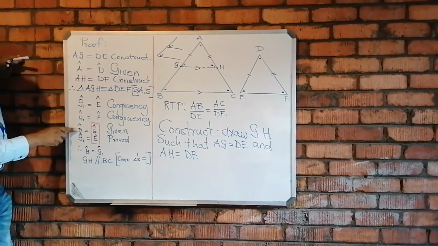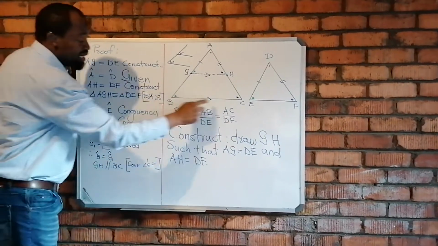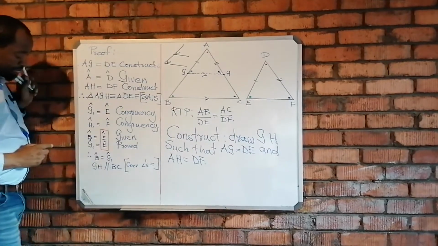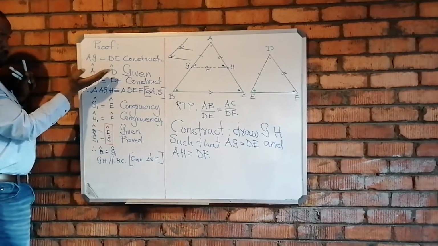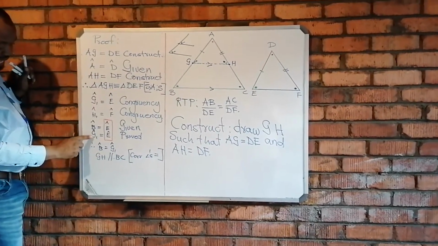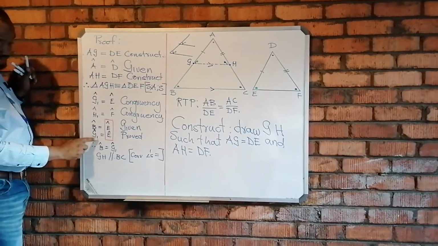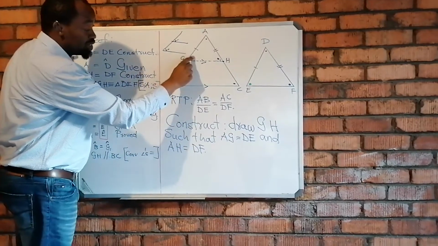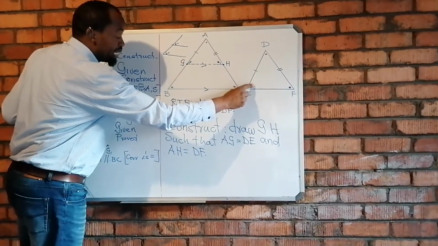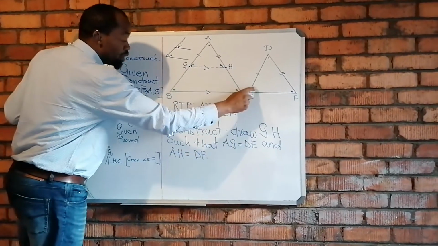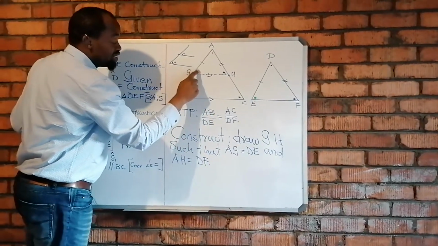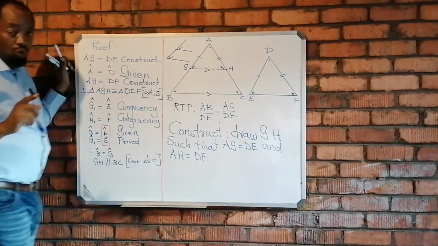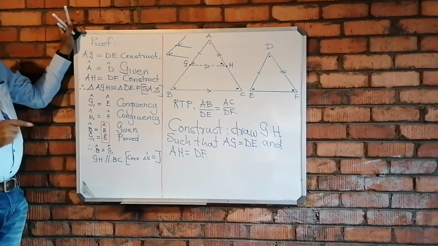I was told that angle B is equal to angle E, but now from my congruence here, I have proved that angle G1 is also equal to angle E. Angle B is equal to angle E. The G1 and E was from congruency.